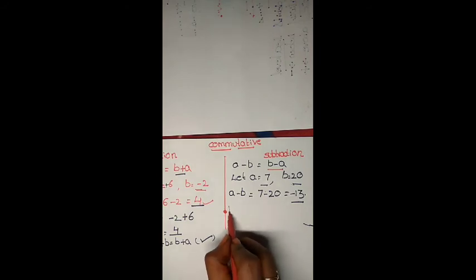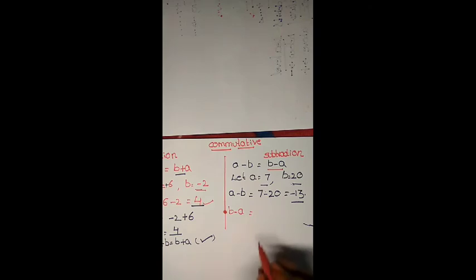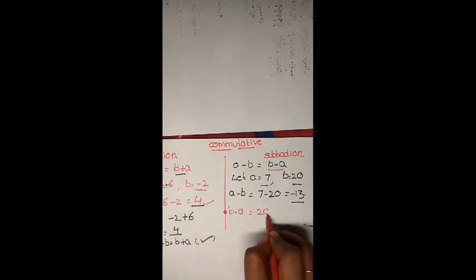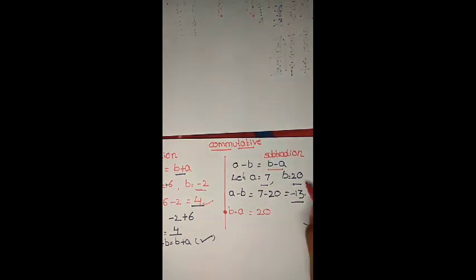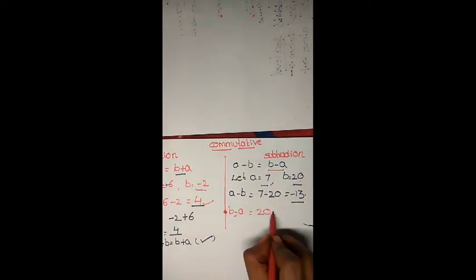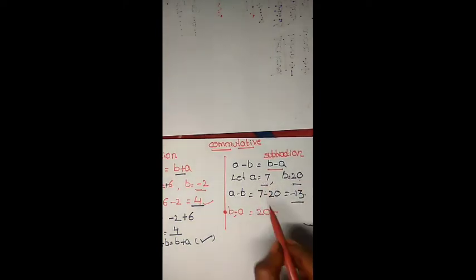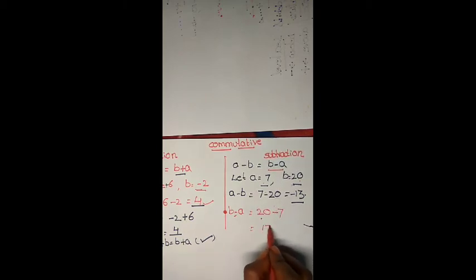Now let us take b minus a. For b minus a, the b value is 20 and a value is 7. So 20 minus 7 gives 13.